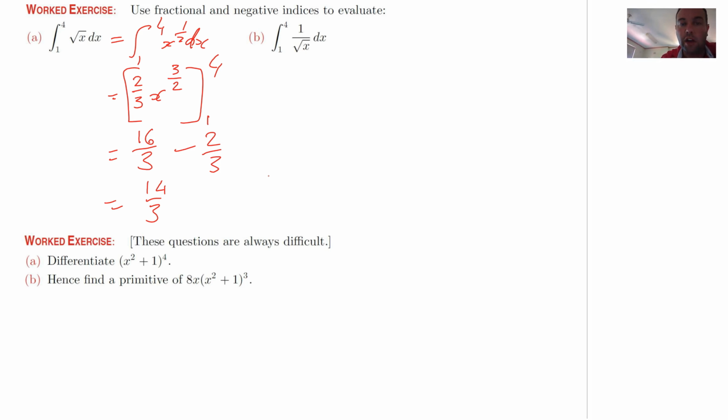Again, over here, this is a definite integral because I've got bounds. But now I have a negative fractional index. We just rewrite that: the integral from 1 to 4 of x to the negative half dx. We raise the index by 1, so that gives me x to the half, divided by half, or times 2.